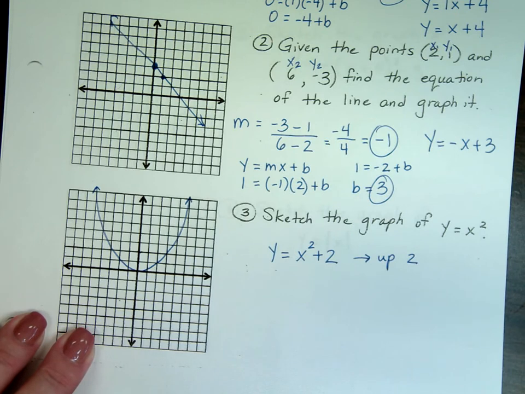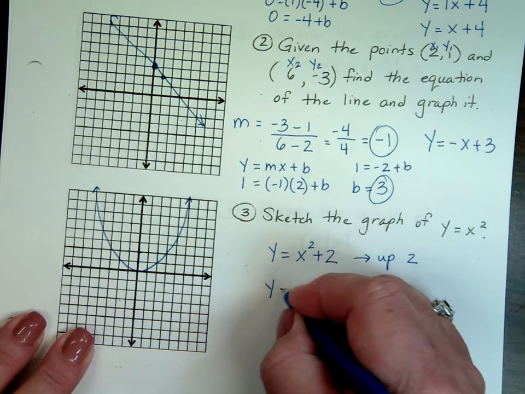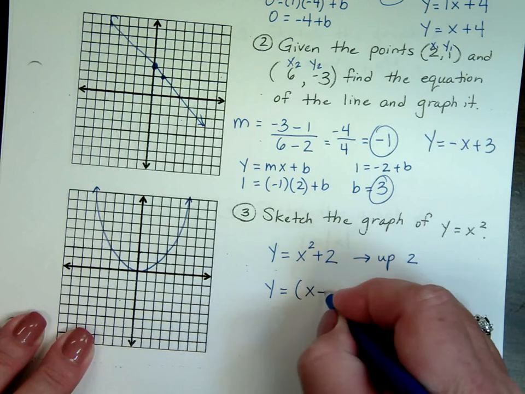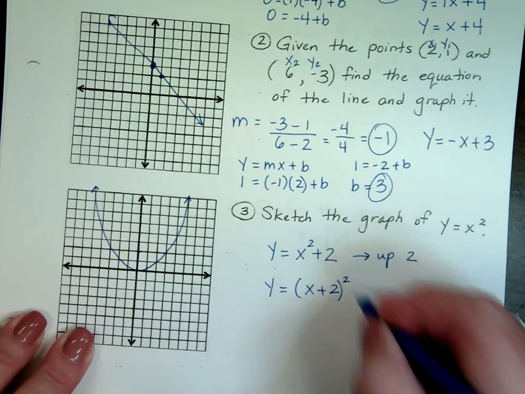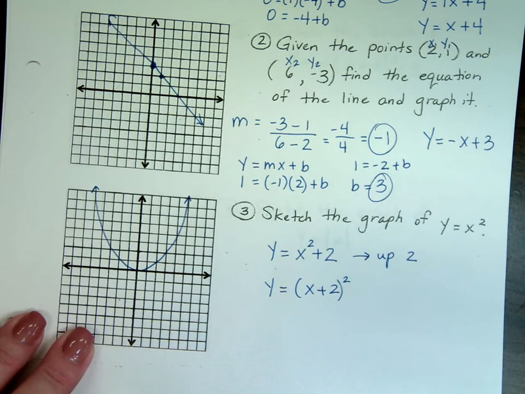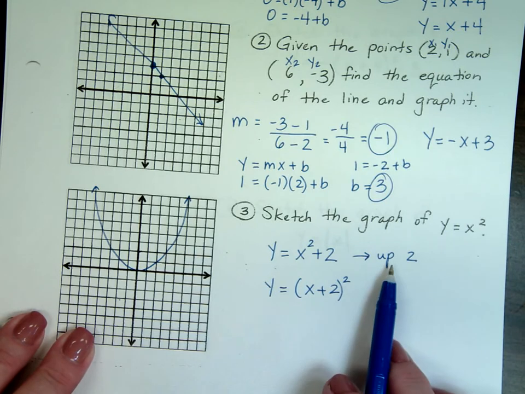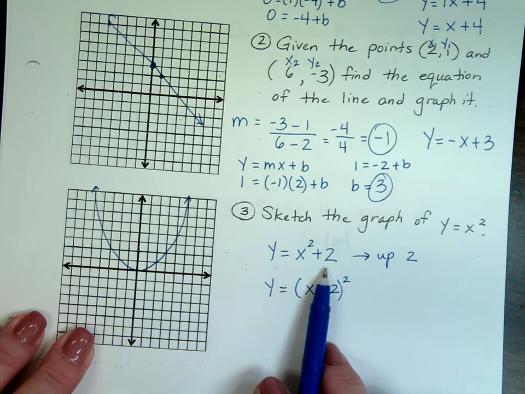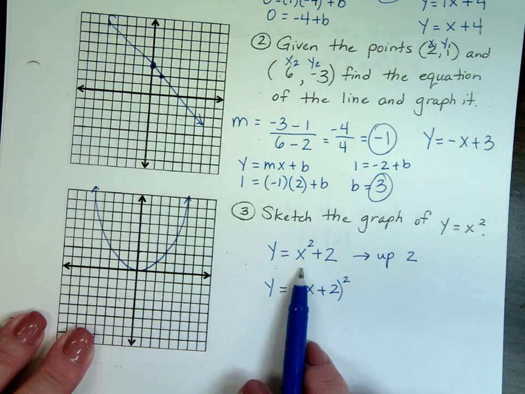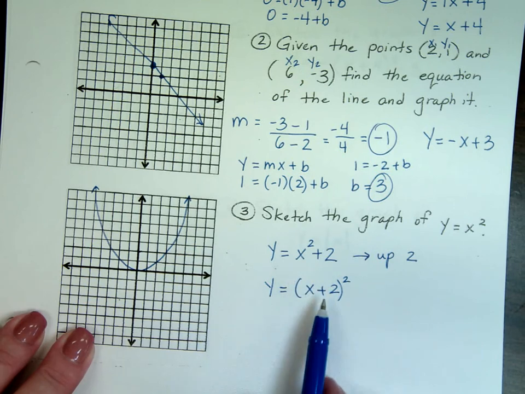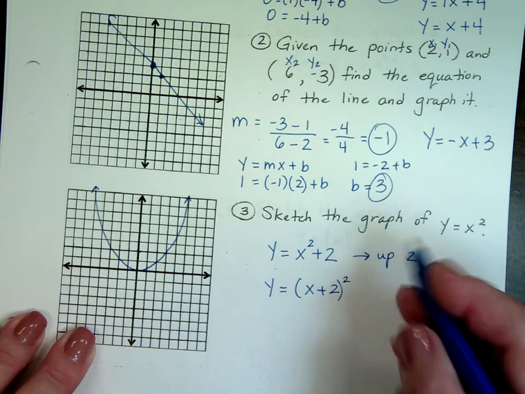But what happens, this might be a little harder, what happens if it's y equals x plus 2 squared, like that, in the parentheses? That is not an up move, right? An up move is when it's separate by itself outside of the parentheses, outside of the x squared. But when it's inside, that moves it left or right. And in this case, it's going to move it left.